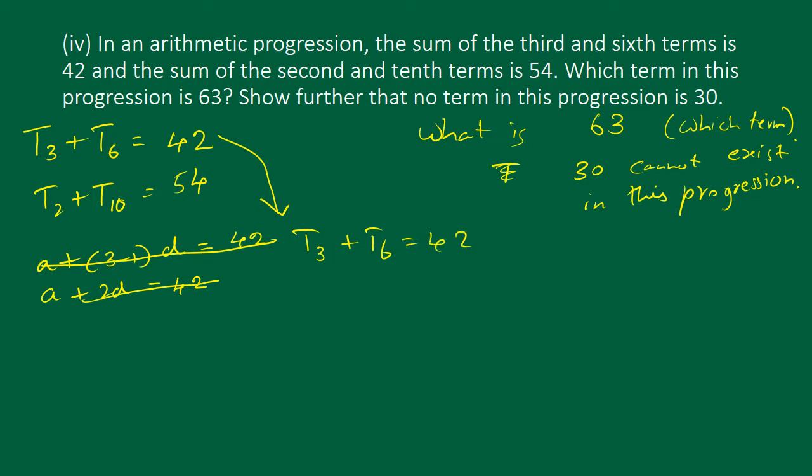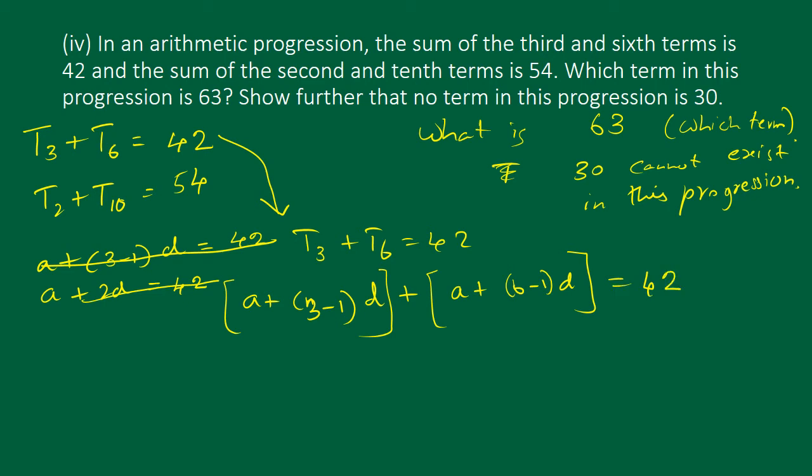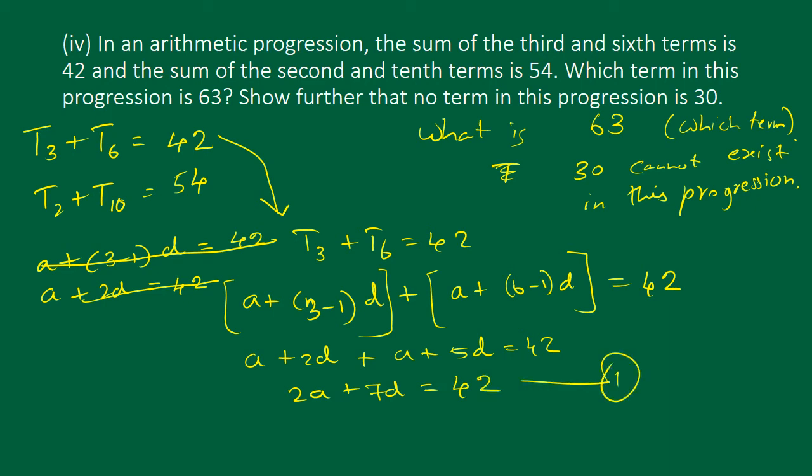That means t3 is a plus 3 minus 1 into d, and t6 is a plus 6 minus 1 into d. This is 42. This means a plus 2d plus a plus 5d is 42, and you get 2a plus 7d equal to 42, and this is the first one, right?